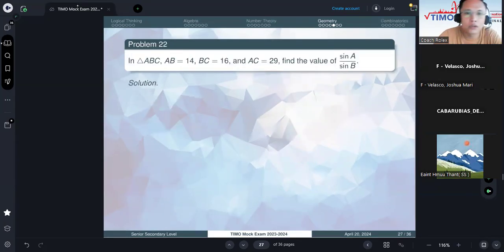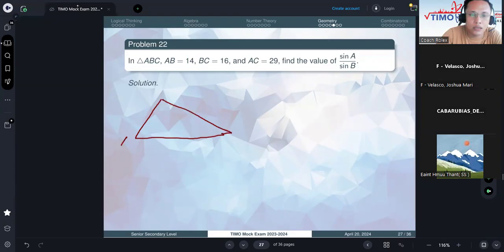For number 22, so triangle ABC 14, 16, 29. So for example, we have here an obtuse triangle. So this is A, B, C. For example, this is 29. This is 14, and this is 16. We need to find the value of sine A over sine B. Now, we are only given with sides, no? Sides. So we use what we call the sine law. Gagamitin natin sine law.